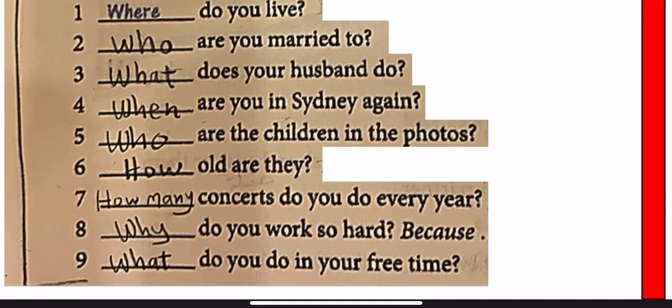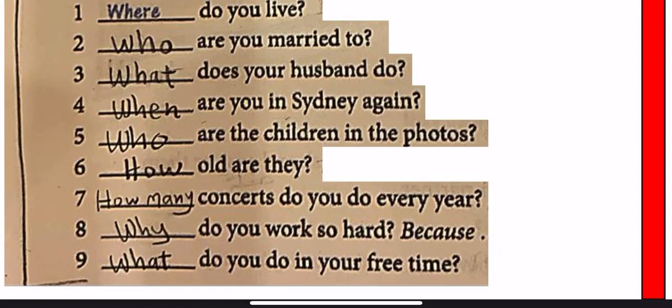Here we can pay attention to this question. How many asks about a countable noun. How many and how much are followed by a countable or an uncountable noun. So here how many is followed by a countable noun. All wh-questions are followed by an auxiliary verb, except how many, which is followed by a countable noun.